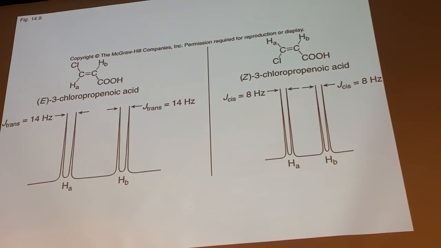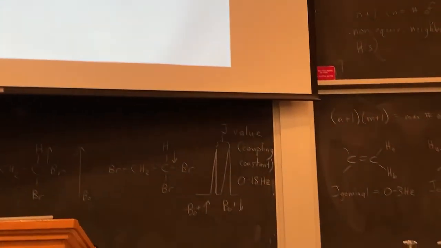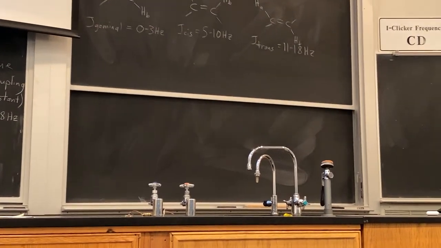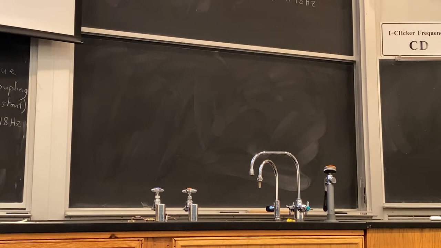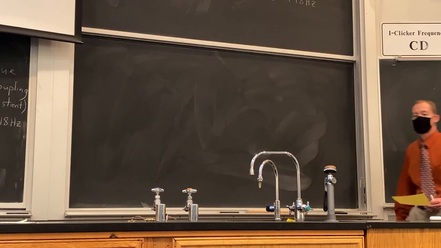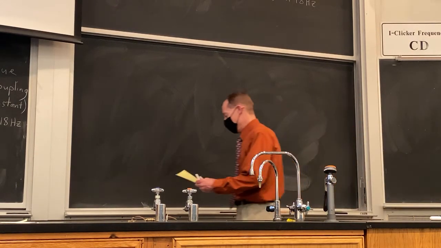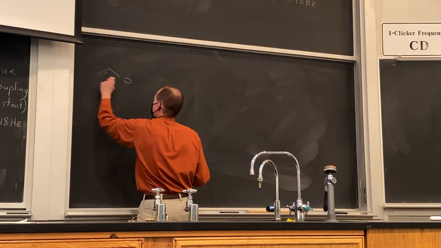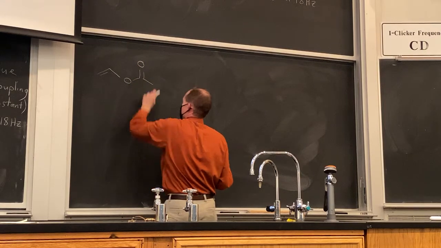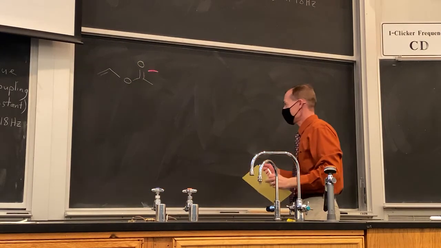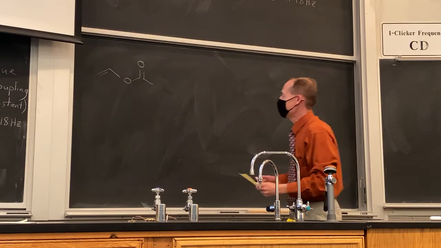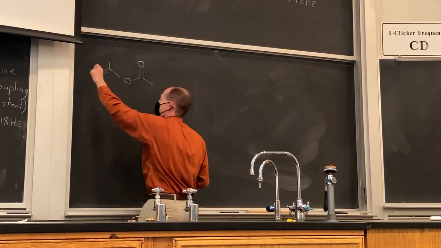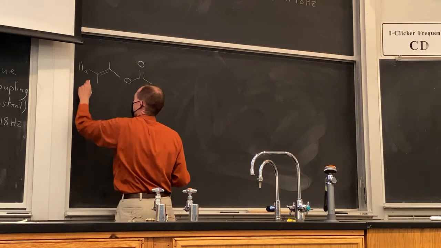If we had a monosubstituted alkene, the situation would be a little bit more complicated, but we could still use J values to assign the positions of the different signals in the proton NMR spectrum. So let's take a look at this molecule. This is an ester. We have a CH3 out here, but the hydrogens that we're interested in are the hydrogens on the alkene. Okay?